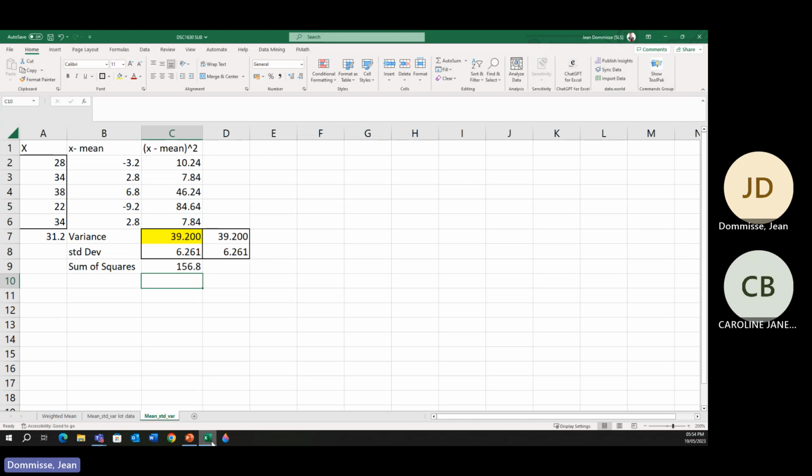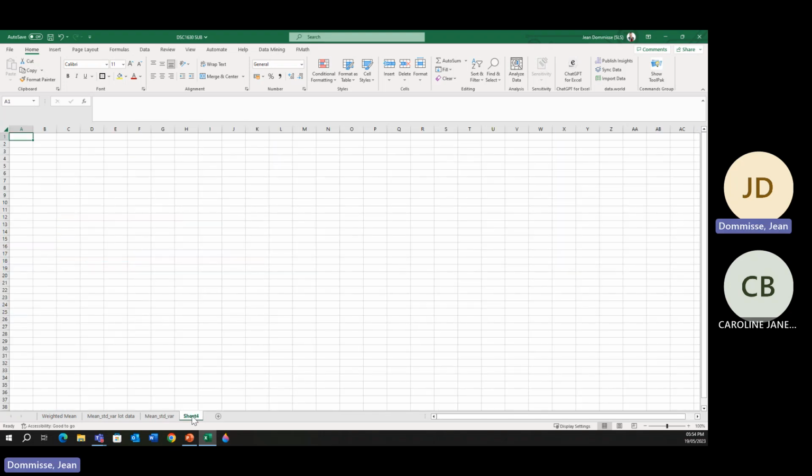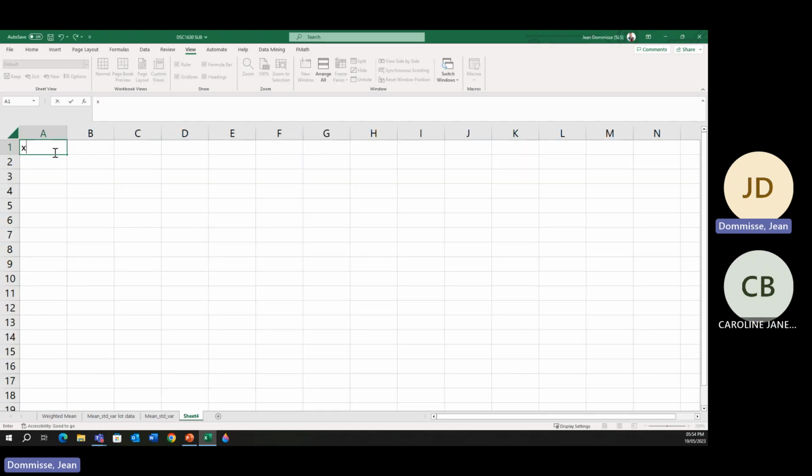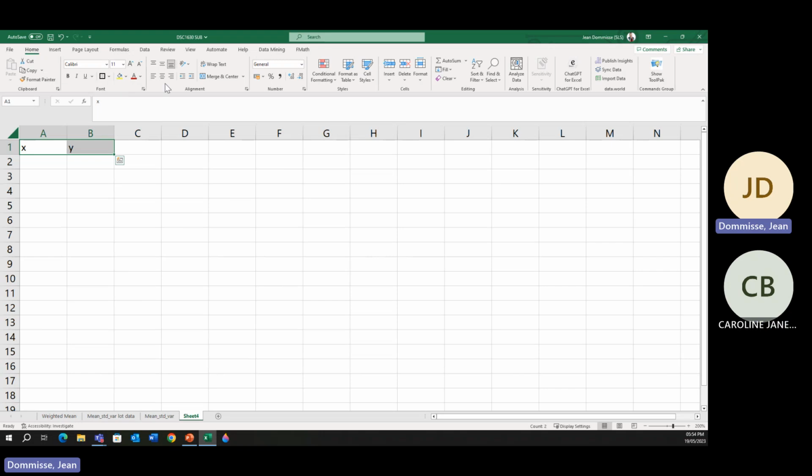The other thing, you can also do it in one of your financial calculators where you have the X and Y that you can put in as a data point. But it's also fine to use Excel, because both are going to do the same thing for you.